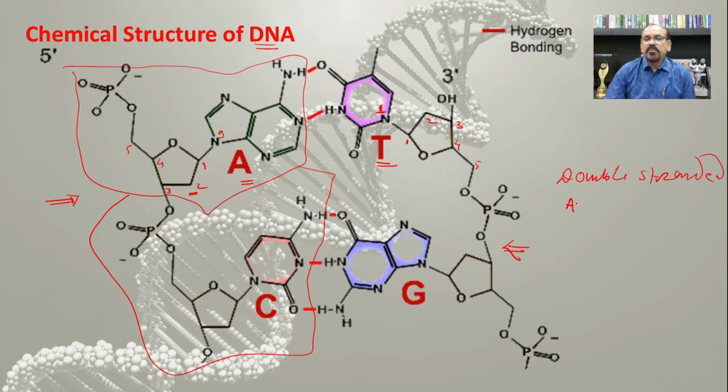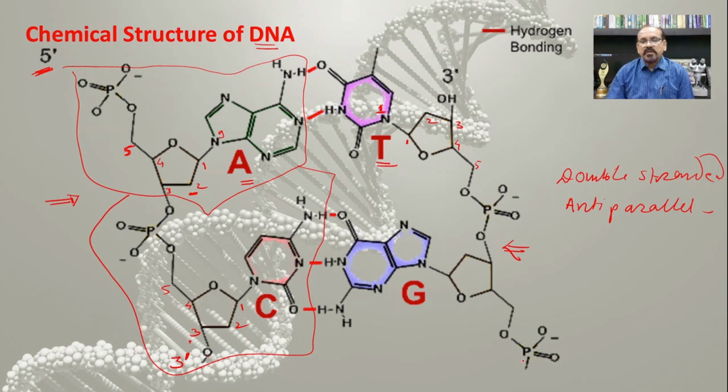The second thing is that both these strands are antiparallel to each other. If you see this carbon atom which is present at this end, that is the fifth, and hence it is known as the 5 dash, while here in this first one, second, third, fourth and fifth. In this direction there is a third carbon, and hence it is known as the 3 dash.